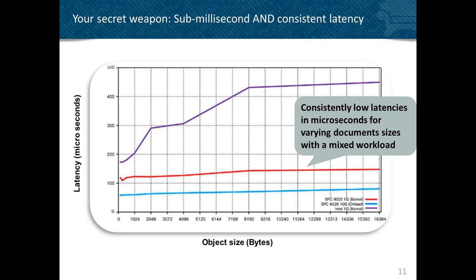Going all the way to the bottom, that lower blue line is an optimized 10 gigabit network interface where you see very consistent latency below 100 microseconds. This is not milliseconds on this scale, but microseconds, showing really that the Couchbase software itself is able to provide extremely low latencies and that your only bottleneck really becomes the network.